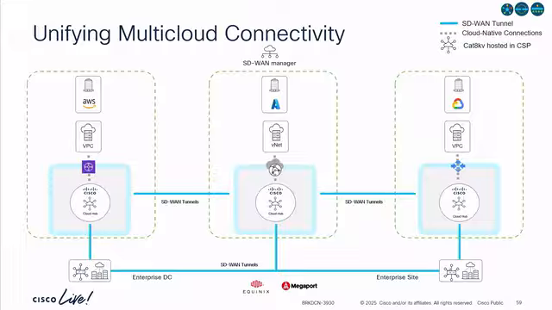You'll also notice at the bottom this notion of the colo, and I think it's fair to say most customers are looking at a more distributed architecture that in many cases will leverage the colocation facilities. And so we're going to talk about how that also factors in as a connectivity asset that you can leverage and build into your SD-WAN capabilities for extension in and out of the public cloud infrastructure.